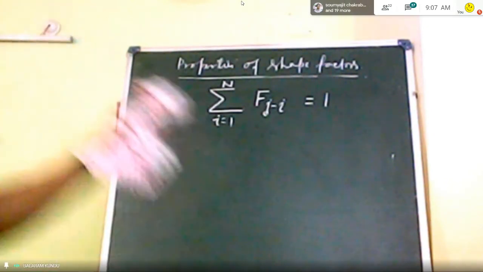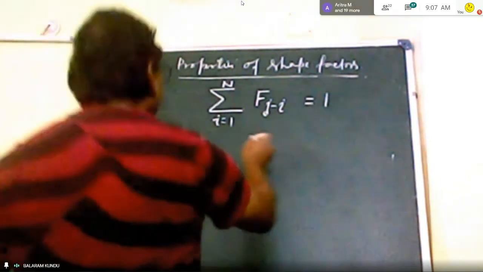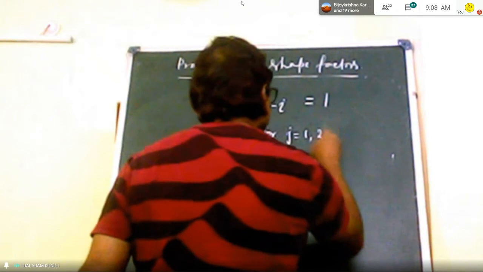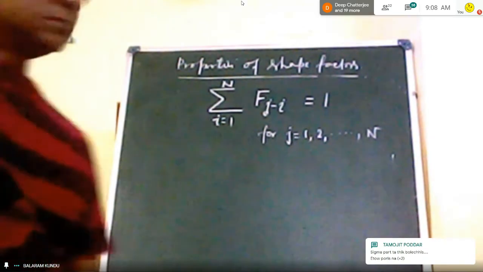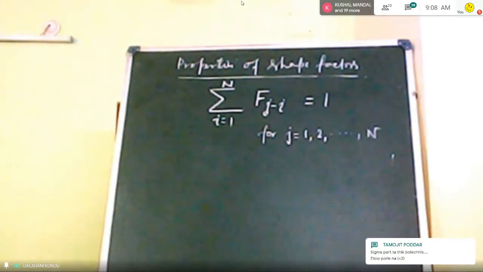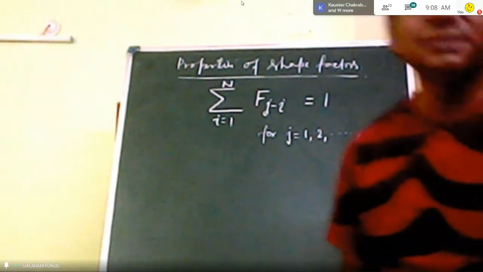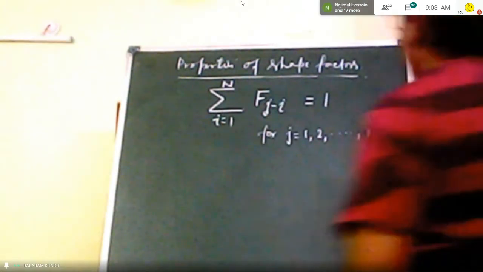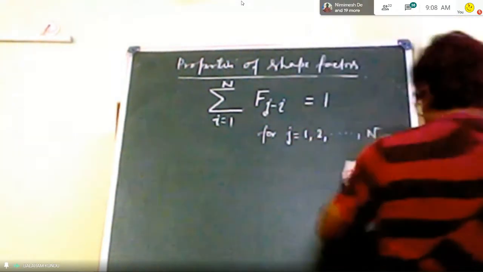So this expression is valid for J equal to 1, 2, dot dot dot up to n. So clear? Yes, sir. So this is your summation rule.